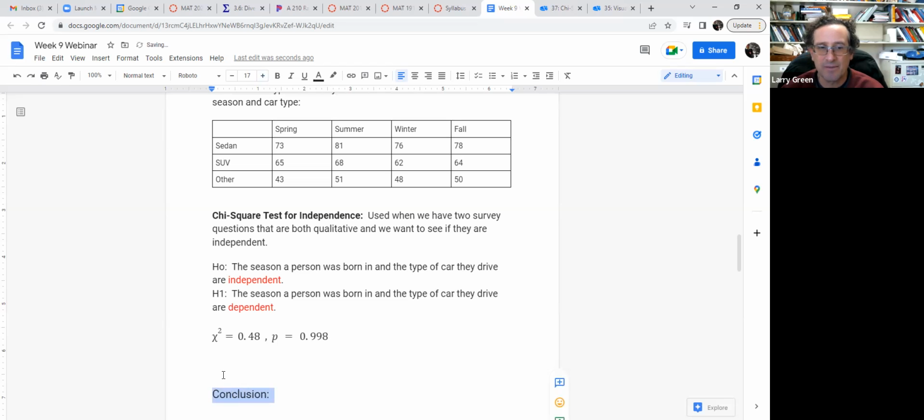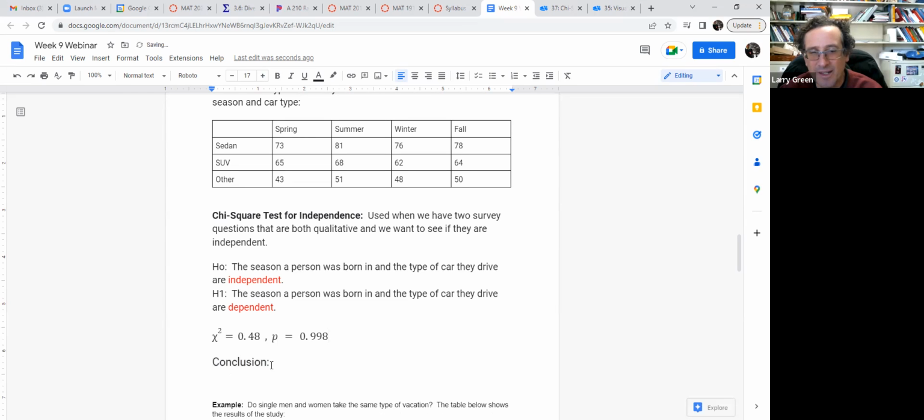So what does it tell you? What are the first few words? Remember what the first few words of the conclusion are when you have a p-value of 0.998. You remember, same as we've been doing the last few weeks.